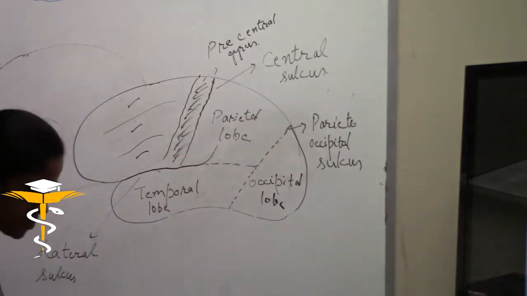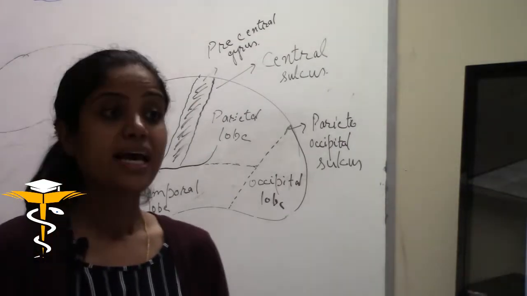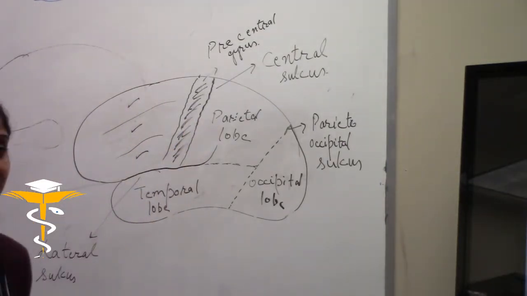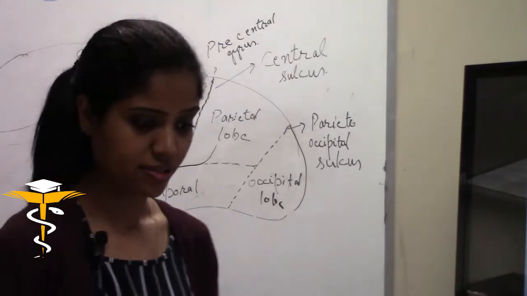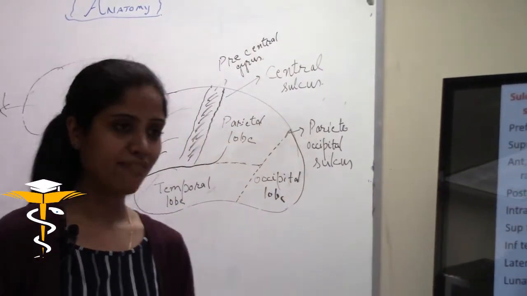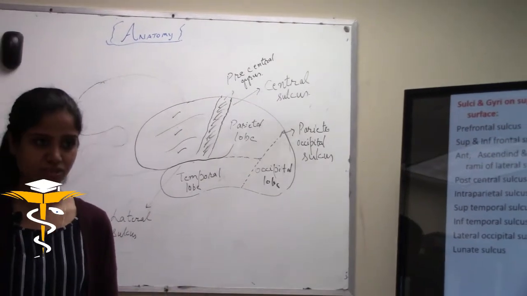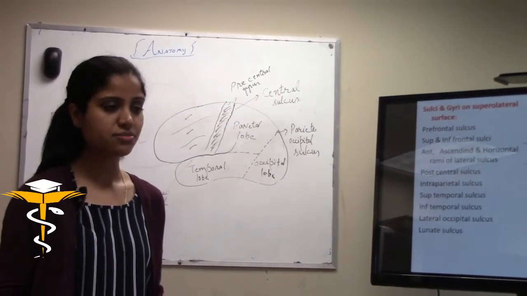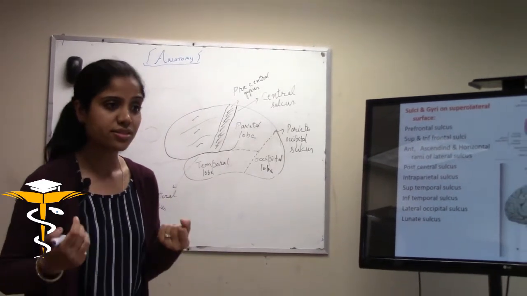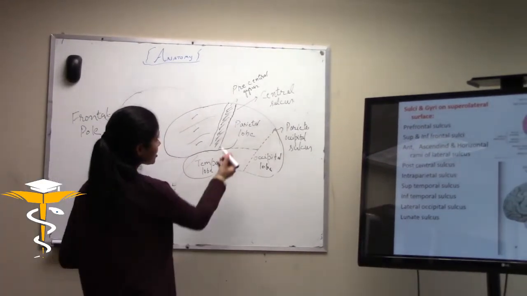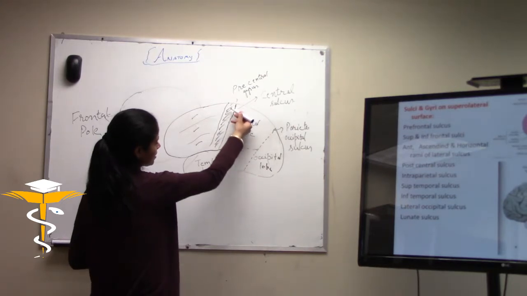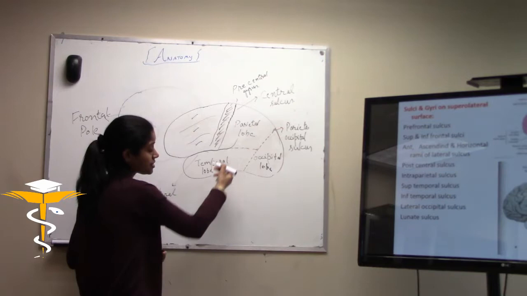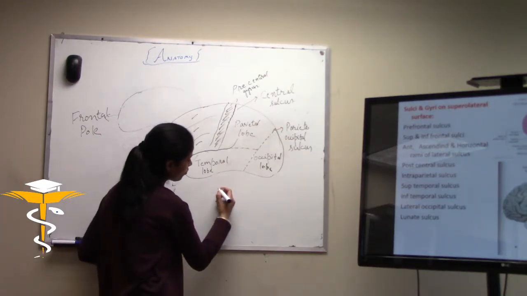Now what does the term primary motor area mean? It has the neurons which control the musculature of the body. It controls the voluntary activity of all the muscles of the body. For example, if you are able to move your arms and limbs, your body, that is only because of the neurons present in the precentral gyrus. And because of this function, this gyrus is named the primary motor area.